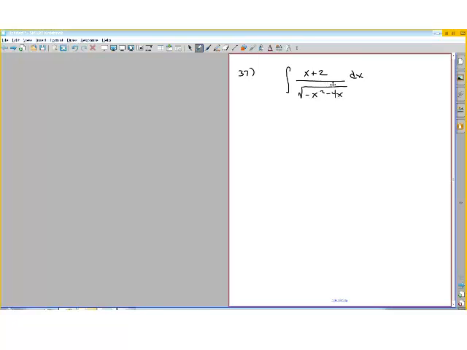So we're going to break it up into two parts. One is going to involve where this whole term in the square root is u. And to make that work, we're going to have to rewrite the numerator as somehow involving the derivative of this thing, and then we're going to break it up.